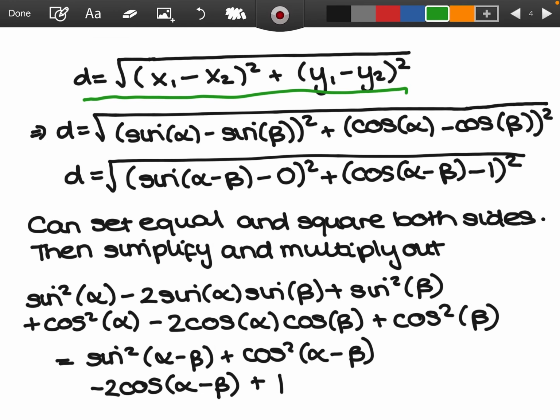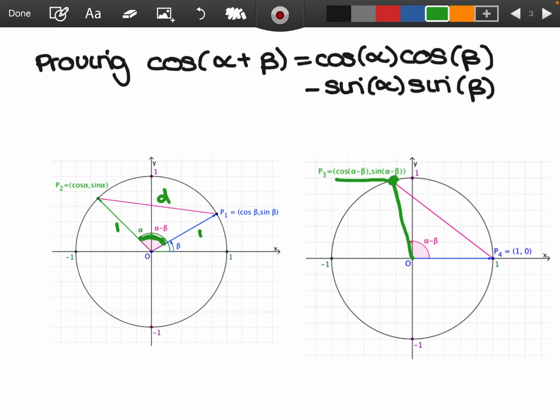I've taken my point x1, y1 to be cosine alpha, sine alpha, and my point x2, y2 to be cosine beta, sine beta. So this one ends up being x1, y1. This one ends up being x2, y2.